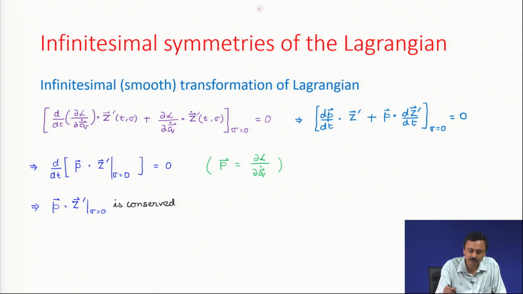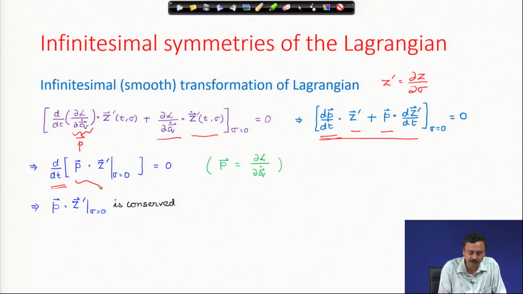Because d/dt of this term is 0. In other words, this term itself must be a constant of motion, it does not change with time. Therefore, if we have a symmetry of the Lagrangian, we can find a conserved quantity like this, if we can find a transformation under which the Lagrangian remains symmetric.